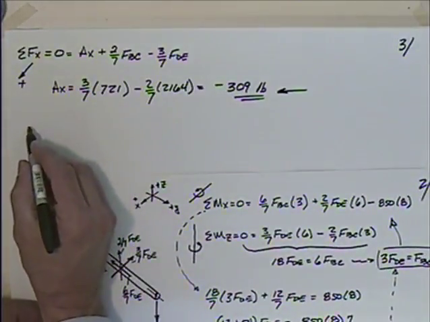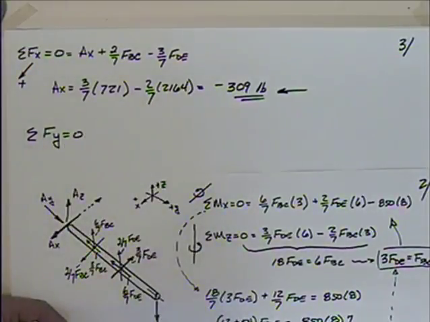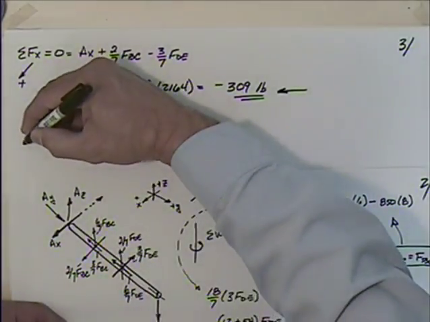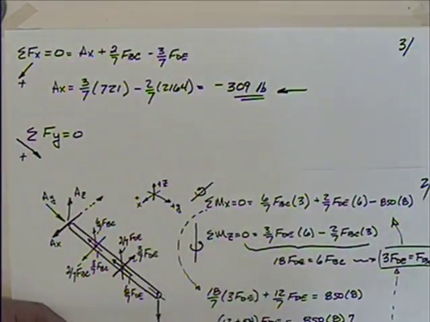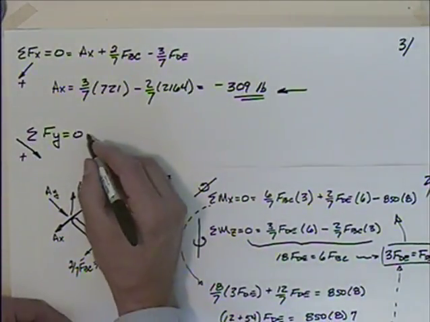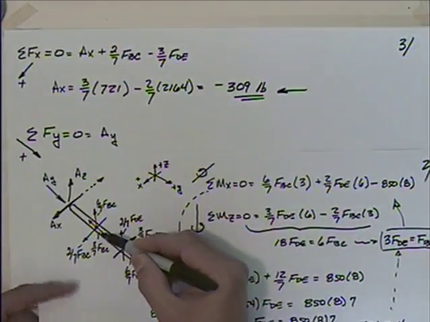What if we sum the forces in the y direction, setting them equal to 0? The y direction, that's straight through down that pole. So we'll take that as positive, and we're going to have AY. What else are we going to have?